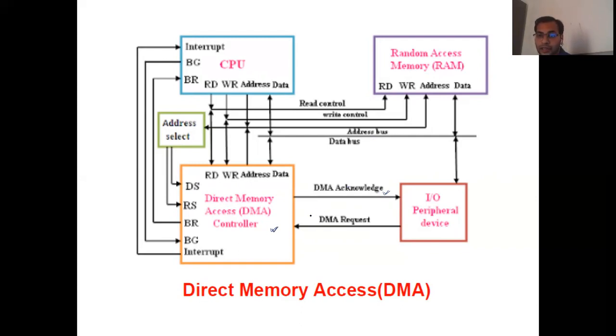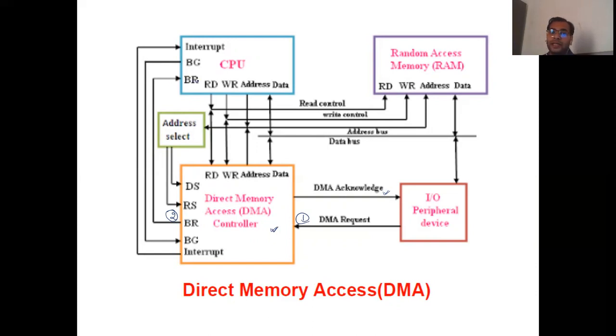How will it take the control of the buses from the CPU? As soon as it gets a DMA request, which is the first operation, then it will send a bus request. This will be your second operation. It will send a bus request signal to the CPU.